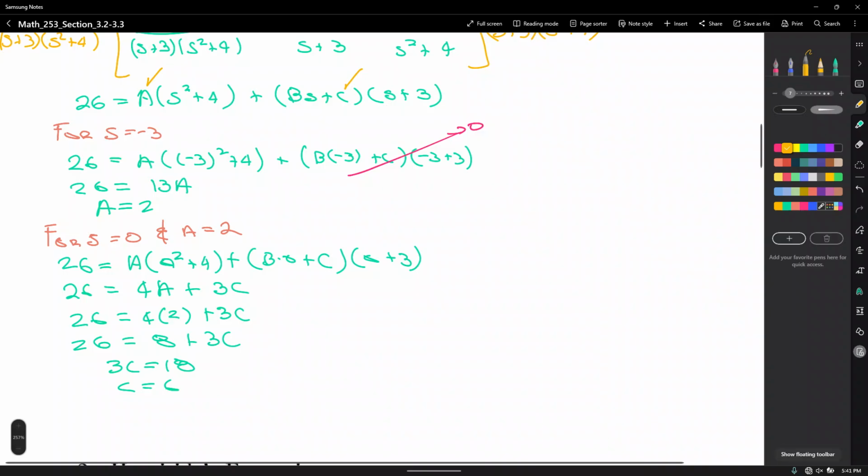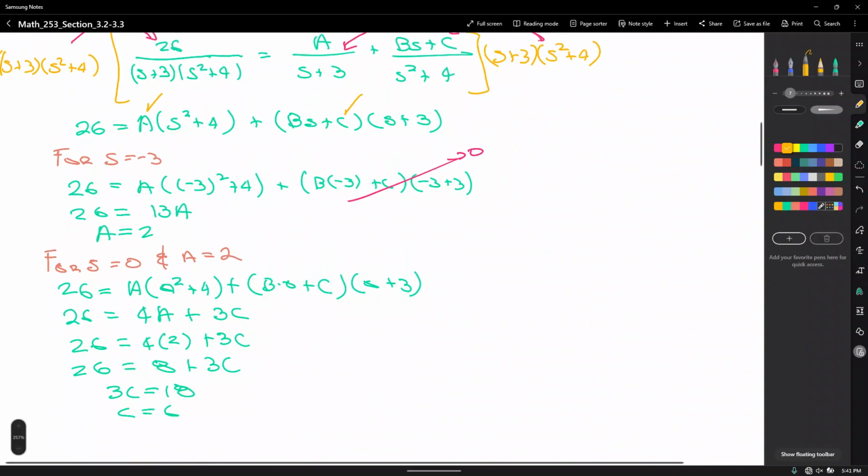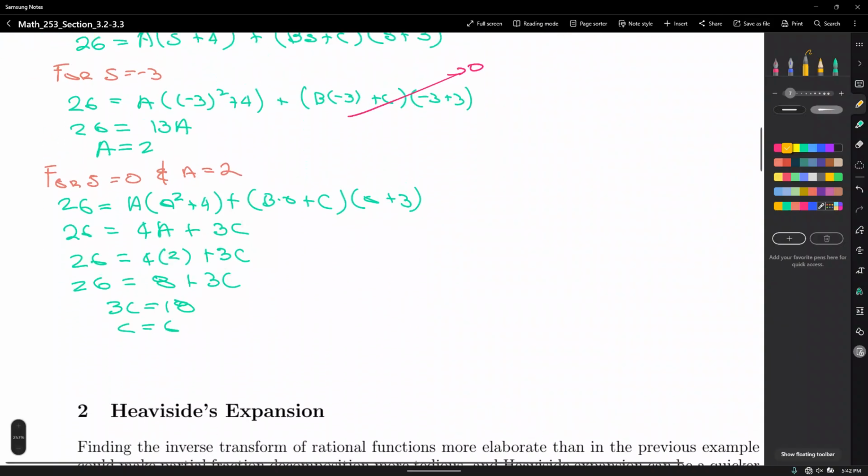Of course, I'm not going to use s equals 0 because I already used it, and it already canceled the b to 0. So we can try s equals 1, a number that we haven't used before.